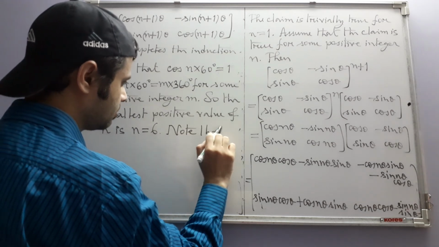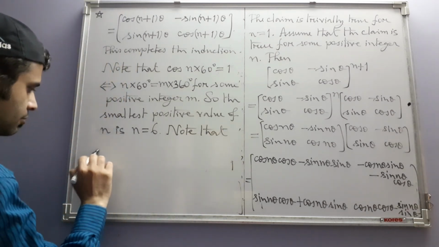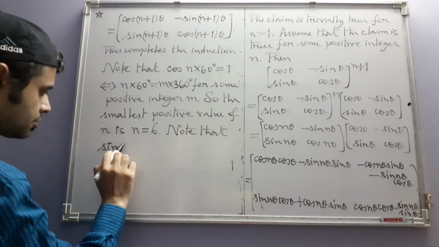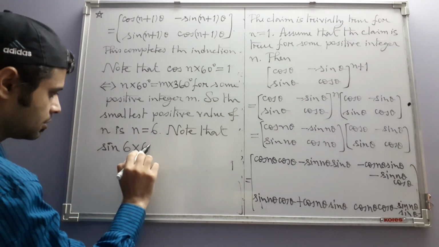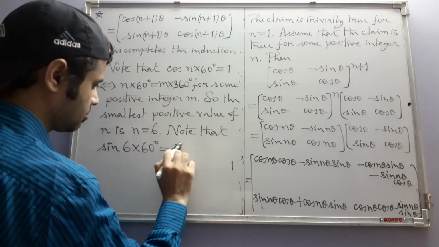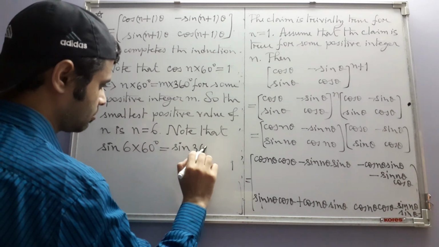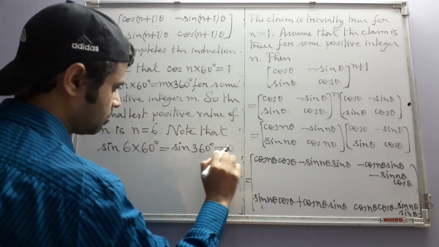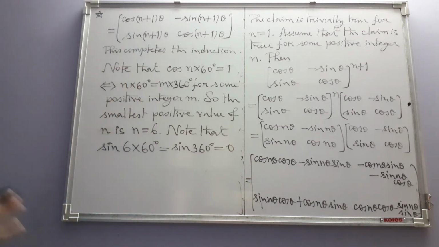Note that sine 6 times 60 degrees is also equal to 0.